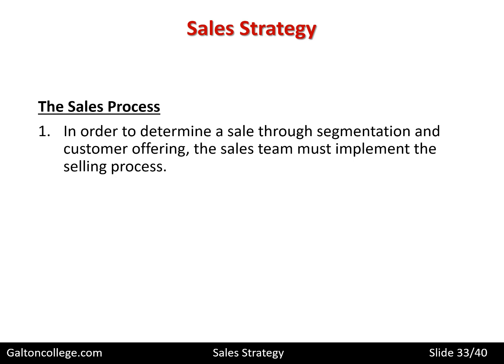Now, the sales process. Well, in order to determine a sale through segmentation and customer offering, the sales team must implement the selling process. In other words, they must have a strategy, a method of taking the product and identifying customer needs within the segment that they're targeting, and then offer that good at the right price and delivered to that segment.